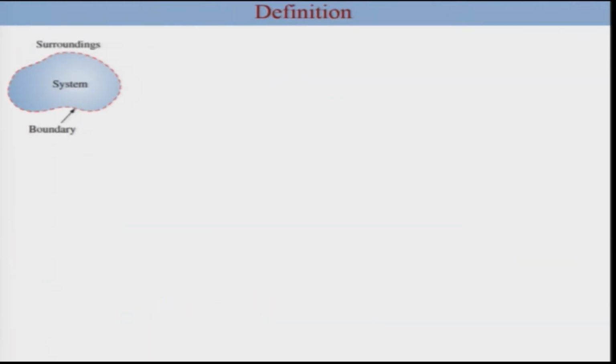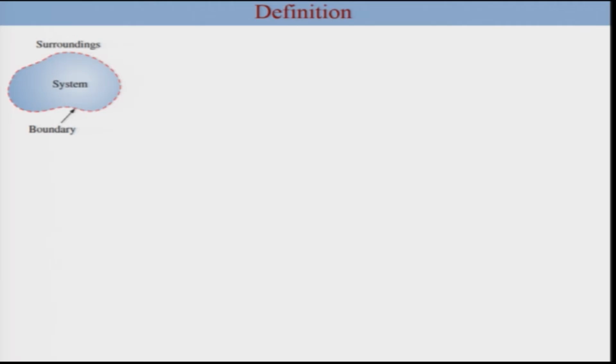Having said that, let me quickly go through the basic definitions which we typically use in thermodynamics, and many of you have already seen these definitions, but for the sake of completeness, I will go through them quickly. When we talk about thermodynamics, we are typically interested in the system.